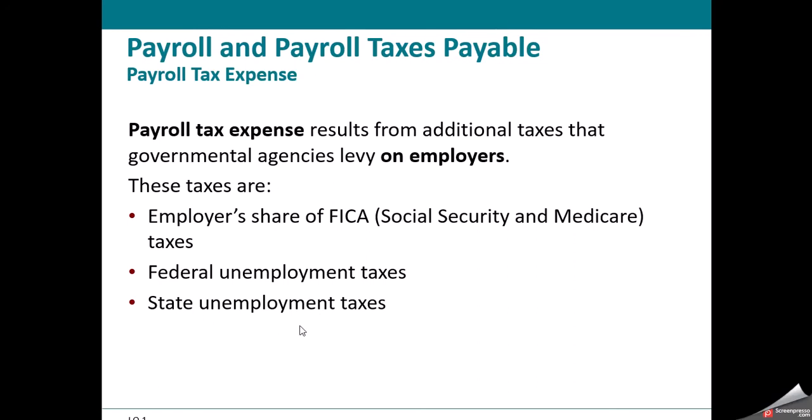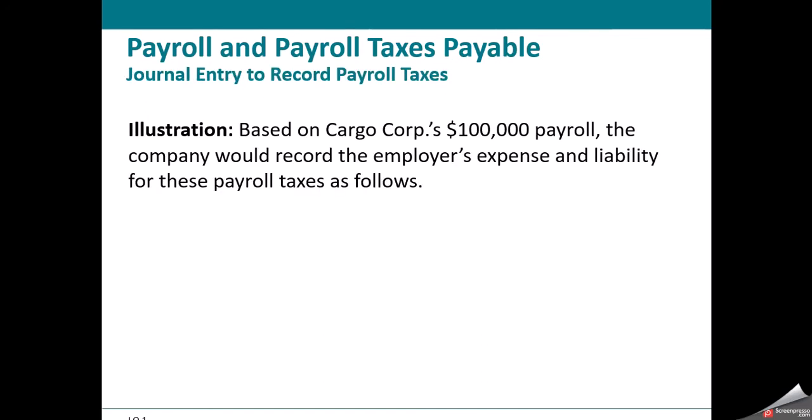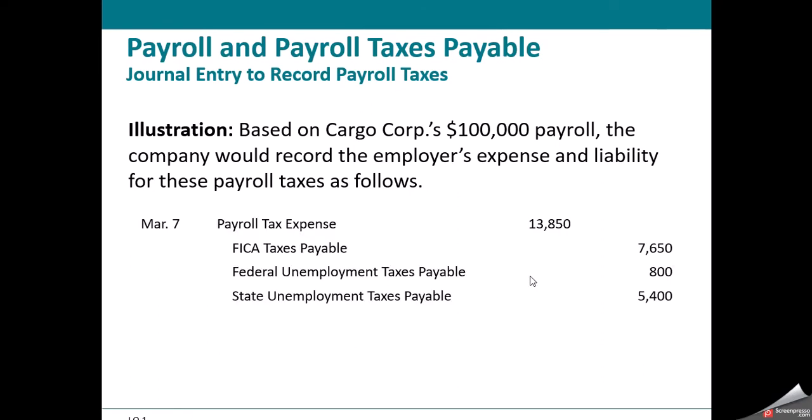And then their state unemployment taxes, again, that would depend on what industry they're in, but those could be around 2%, something like that. So here we have an entry again, the $100,000 payroll. So then now they have FICA at that 7.65%, the federal unemployment at the 0.8%, and then their state unemployment tax in this case would be 5.4%, so a little higher than what I said.